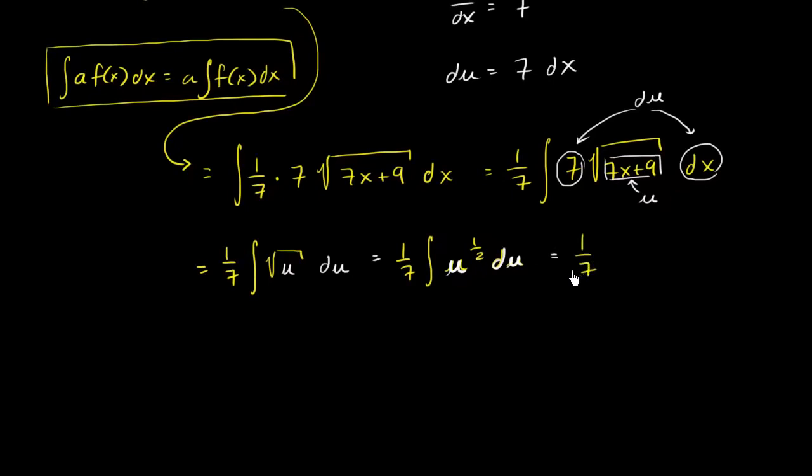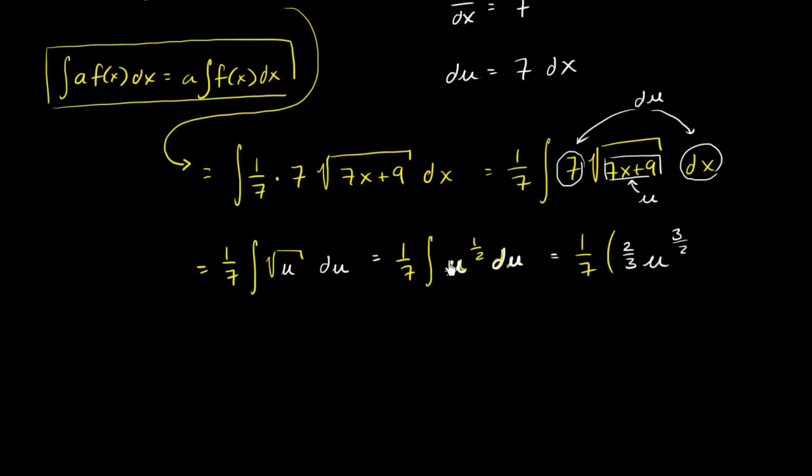So it's going to be 1/7 times u to the 3/2, since 1/2 plus 1 is 3/2. And then we multiply this new thing by the reciprocal of 3/2, which is 2/3. And I encourage you to verify that the derivative of 2/3 u to the 3/2 is indeed u to the 1/2.